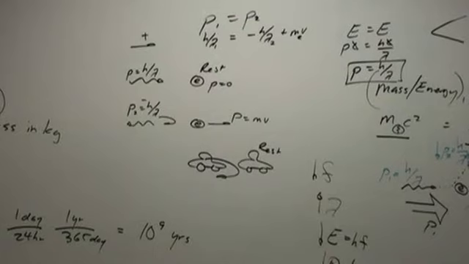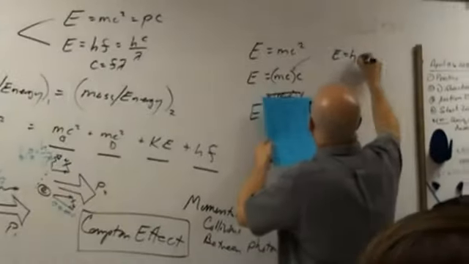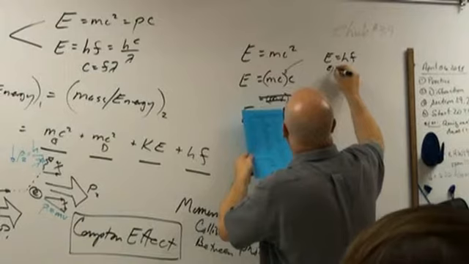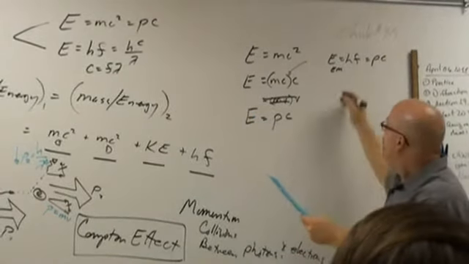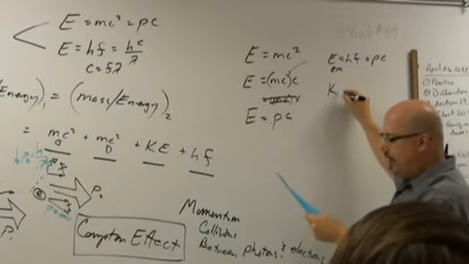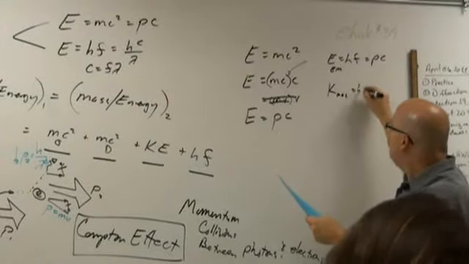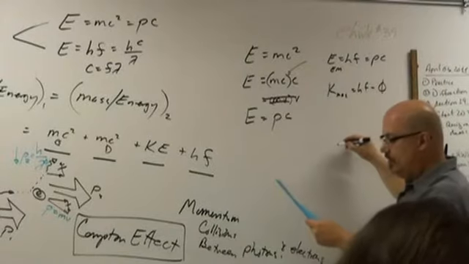On your equation sheet, look for the equations you have, and let's see if anything's been left out of what we need. We've got E equals hf, for an E and M wave. And then they give you pc, so we're good there. They give you the photoelectric effect, K max equals hf minus work function.